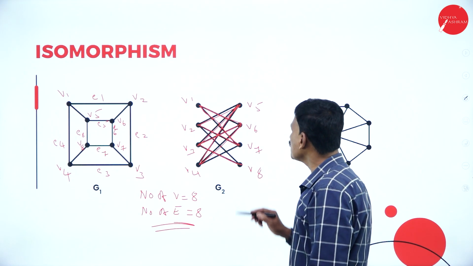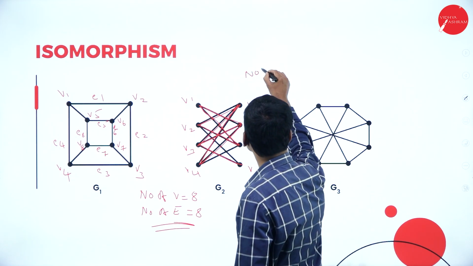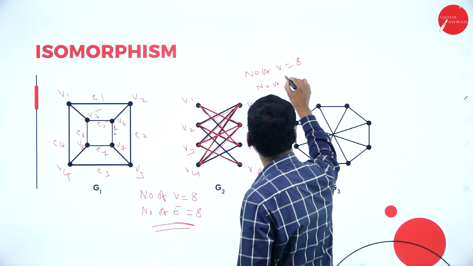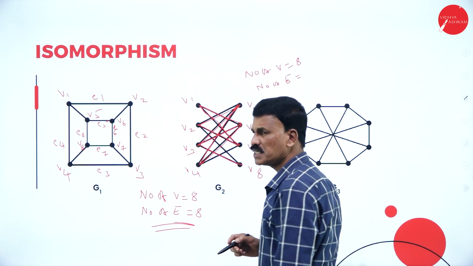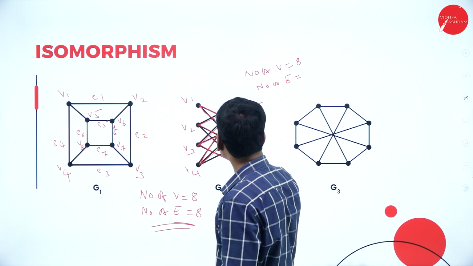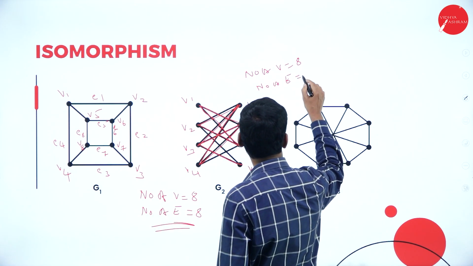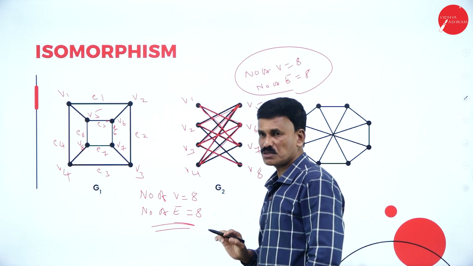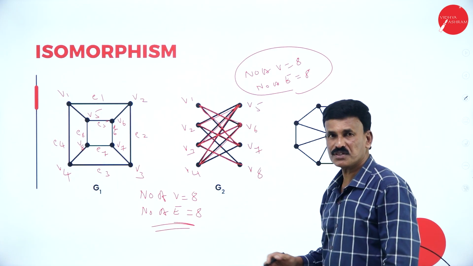Check the number of vertices here: there are 8 vertices. How many edges are here? The number of edges is 8 and the number of vertices is also 8. Therefore, this is also an example of an isomorphic graph.